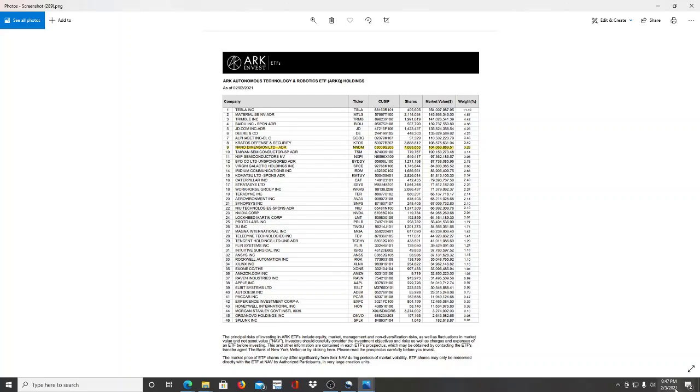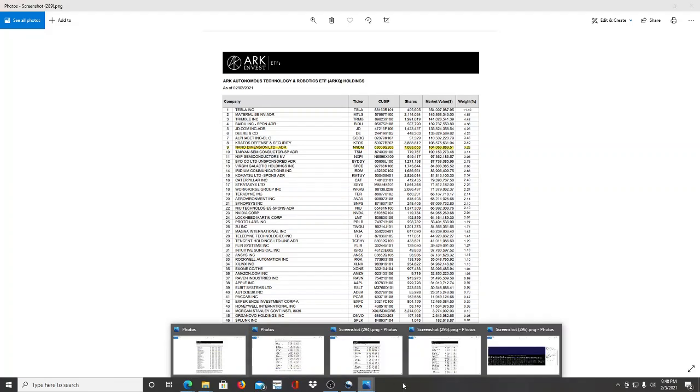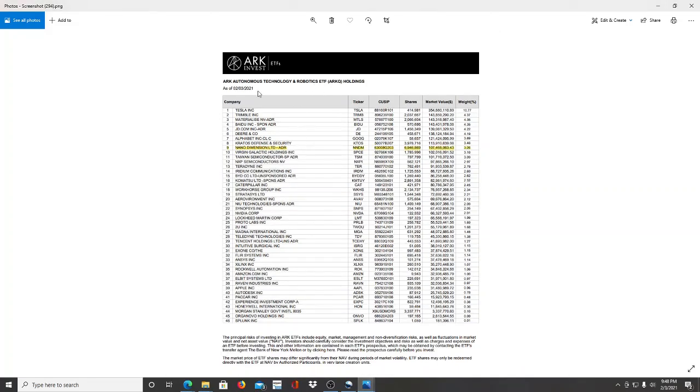On the 2nd, today's the 3rd. On the 2nd, Nano Dimensions went up to 7,093,653 shares. Well, today, on the 3rd, it's now 6,946,869.